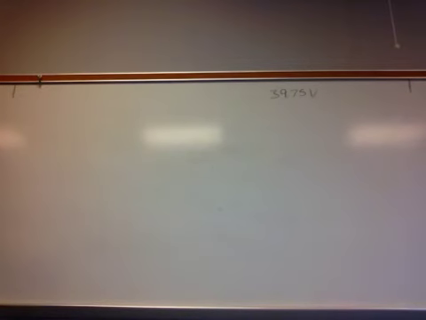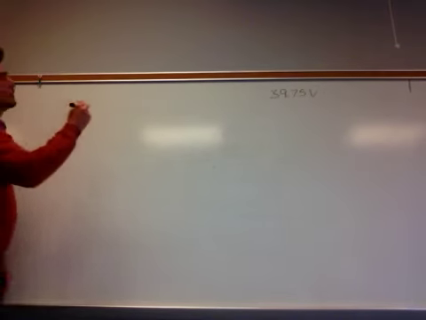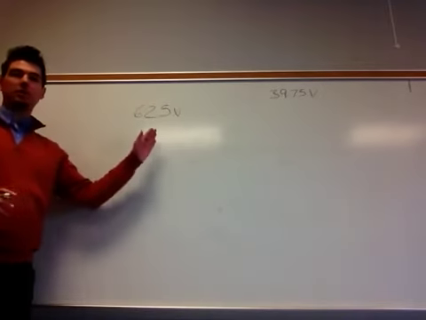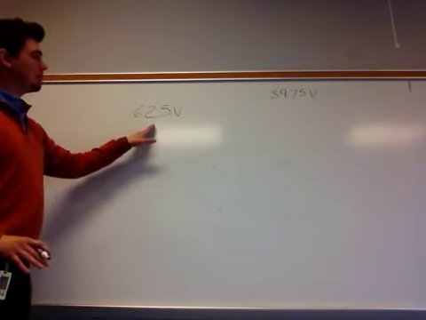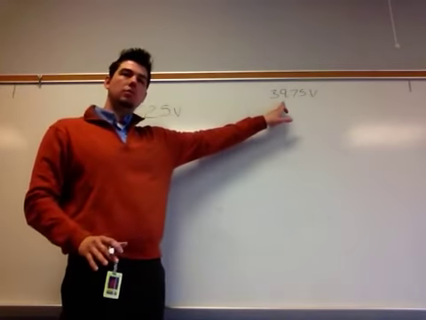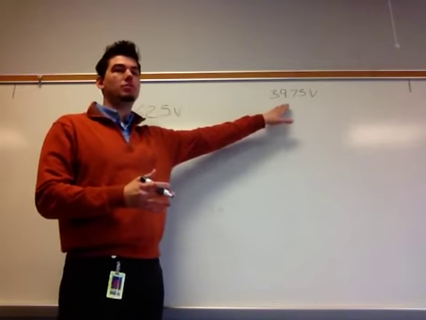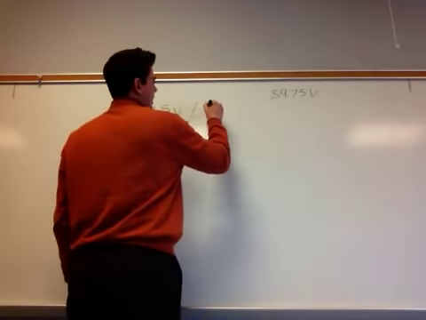The minimum voltage I have to have is 625 volts. That's how many volts I have to have for the inverter to kick on. Each module is only going to be able to produce 39.75 volts, so we divide.